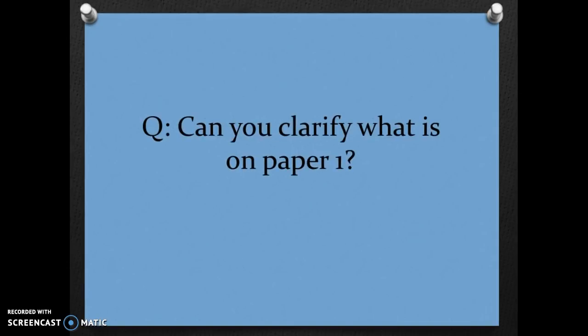So firstly, one was, can you clarify what's on paper 1? Yes, well, paper 1 is the education paper, and you will get a 4 marker, a 6 marker, a 10 marker with an item, and a 30 marker solely on education, which could be on differential educational achievement based on class, gender or ethnicity, could be on educational policies, or it could be on theory of education or the role of education.